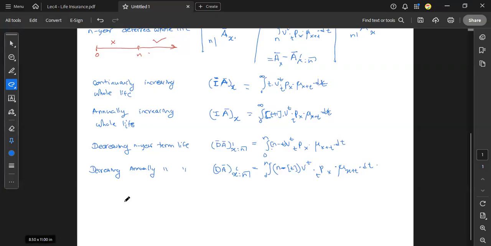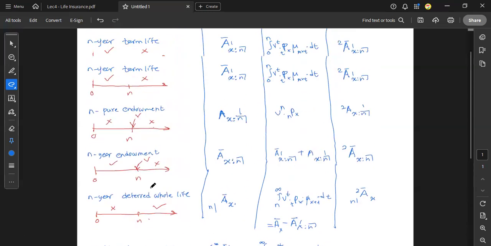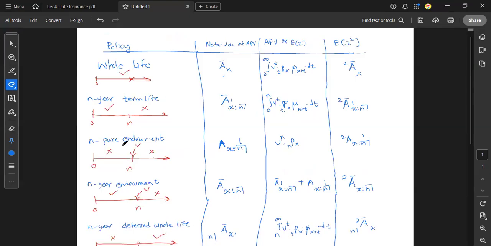For the increasing endowment, we knew that for the endowment, n-year term life plus the n-year pure endowment is there, so the endowment is the summation of these two. This one has to be increasing because it is the varying benefit payment from 0 to n. But for the pure endowment, after n years, it's a fixed payment. That means we just need to multiply v^n by n.